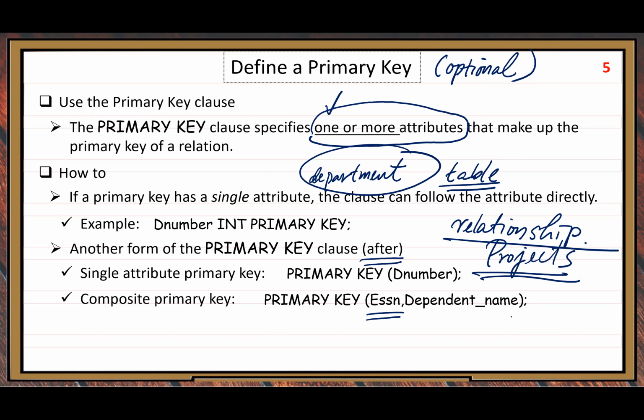So each one is not unique, but the combination could be unique. That is the reason we use a composite primary key: each individual attribute is not unique and cannot be used as a primary key, so we need to consider a composite primary key.